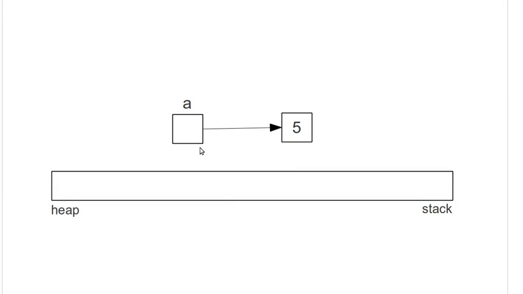It sets up a box that is named A, and this box stores a reference to an object, and that object in this case happens to be 5. And so every time you declare a variable, you're making a little named box, and that named box can store a reference to some object that's off in memory.